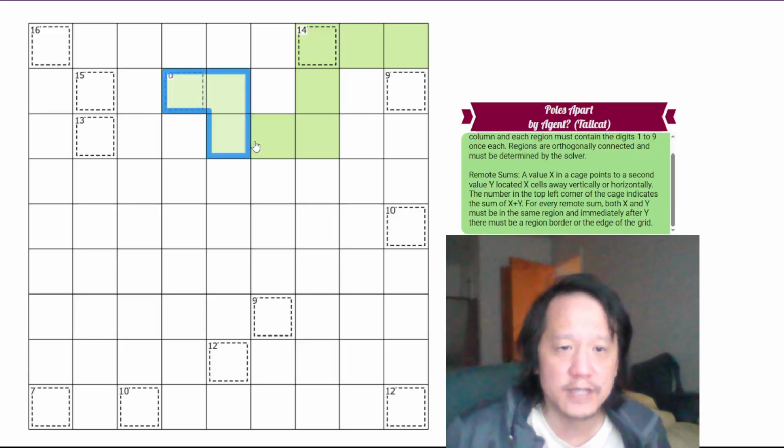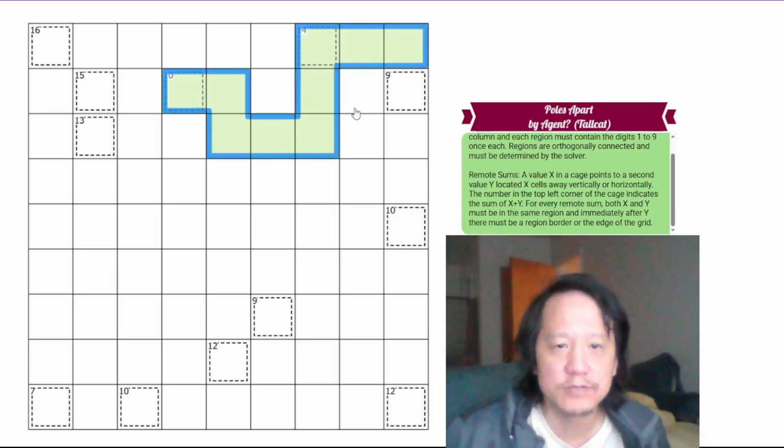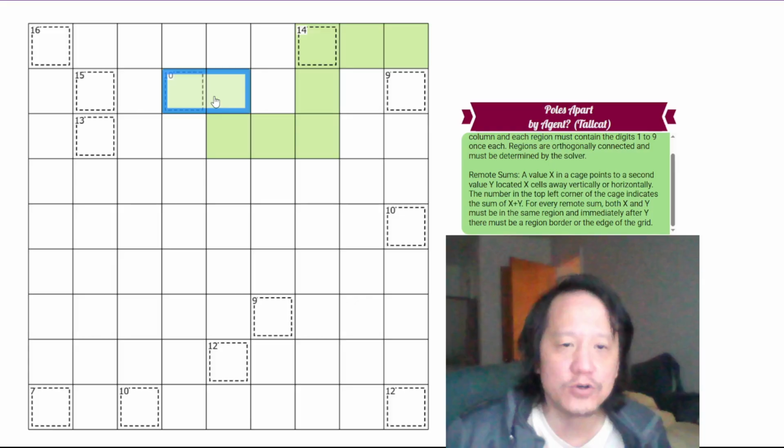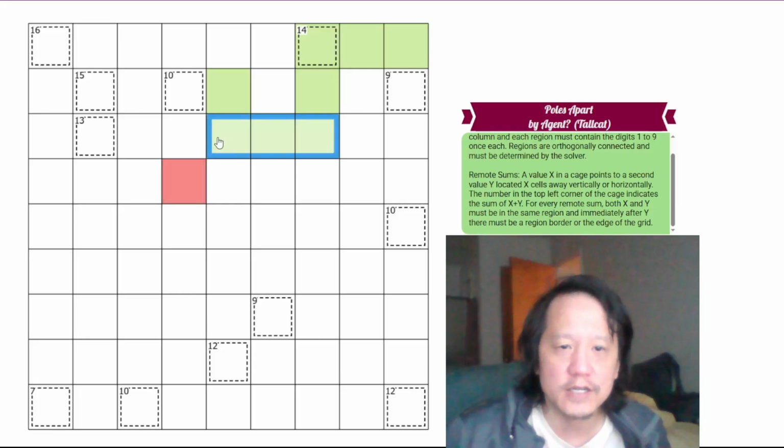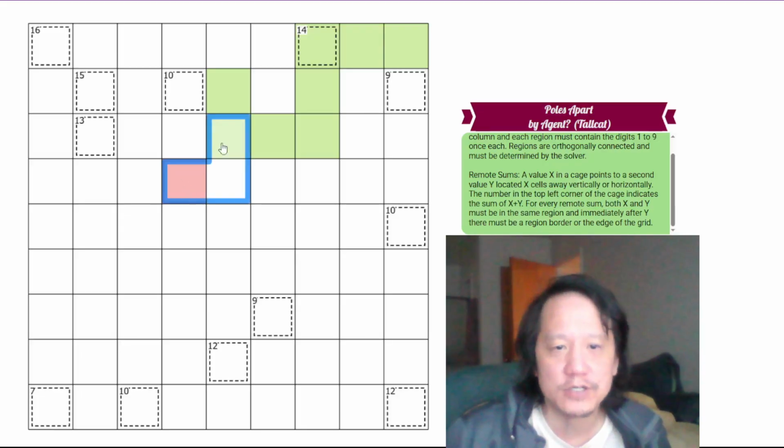So this is an example of a valid orthogonally connected region because we have 9 cells in the region. And to get from any cell in the region to any other cell in the region, you can just go through edges just by staying within the region. This would not be valid as a region because to get from this cell to any other cell in the region, you cannot go through edges, or you would have to go outside the region, right? This one has to go through a corner.